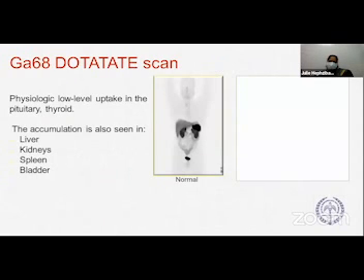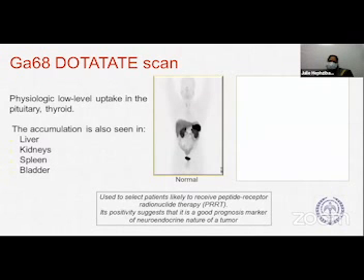This is the physiological uptake that you see in a gallium-68 DOTATATE scan. The most important advantage of DOTATATE is that it is used to select patients likely to receive PRRT, and its positivity suggests a good prognosis marker of the neuroendocrine nature of a tumor.